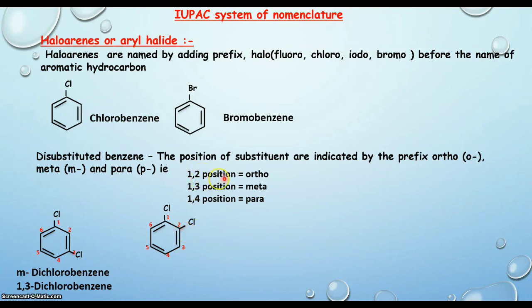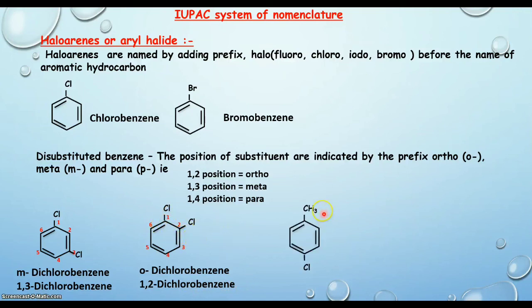So 1,2 position of benzene ring is represented by the prefix ortho. So while naming this structure, we are using ortho prefix. The name of this compound is ortho-dichlorobenzene and IUPAC name of this structure is 1,2-dichlorobenzene as chlorine is present on first and second carbon atom of benzene.